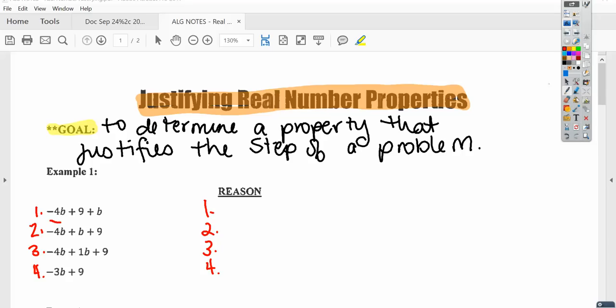Step 1, which is right here, is the problem that's always given to you, because in math class we always have to give you a problem, like an example, to solve. So no matter what it says, step 1 is always given. Now, what changes from step 1 to step 2?